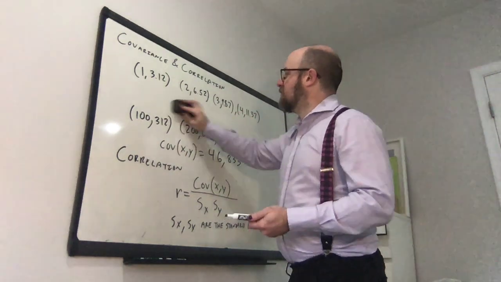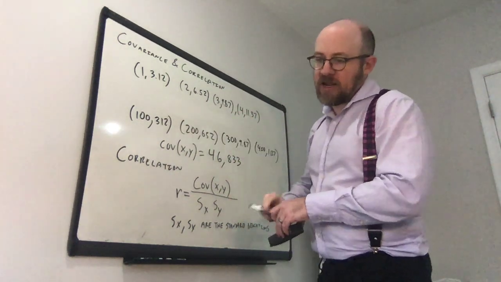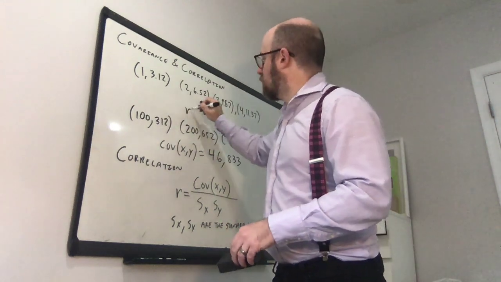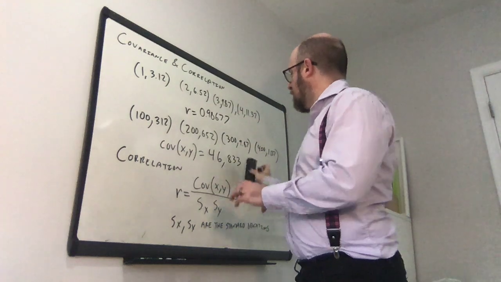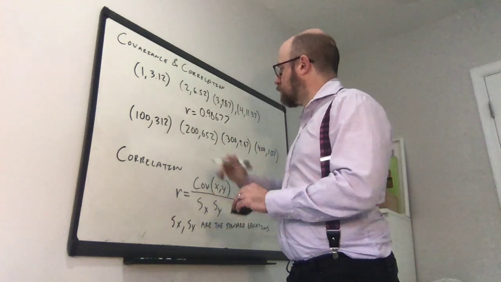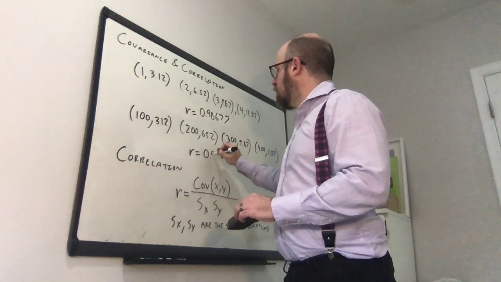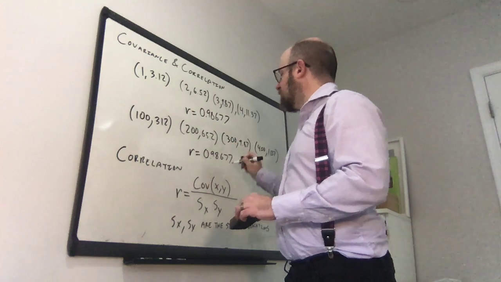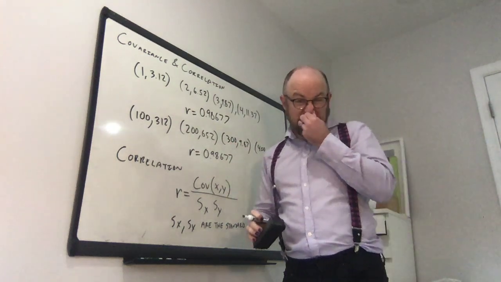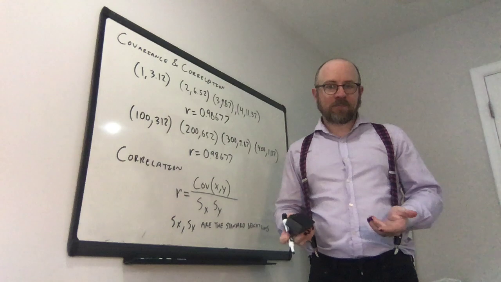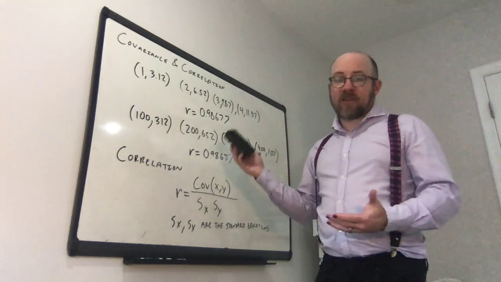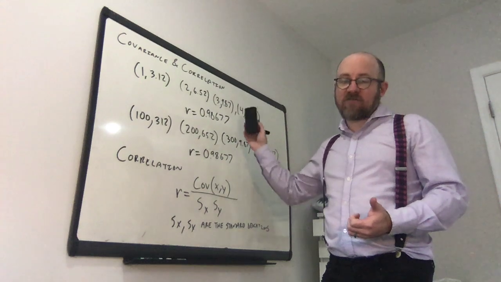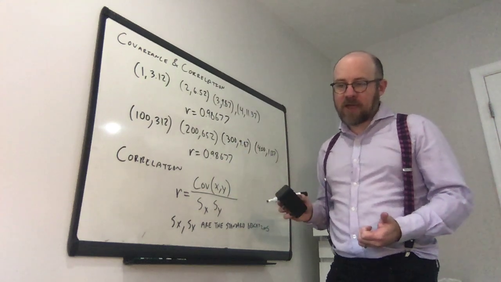And in this case, we get R equals 0.98677. And here we get R equals 0.98677. The correlation doesn't depend on scale, okay? It just depends on what the linear relationship is. And here we have a very linear relationship, okay?